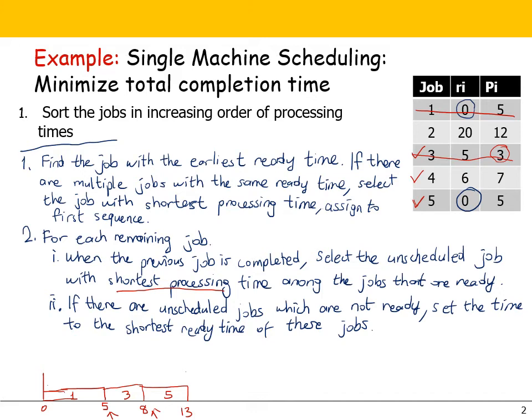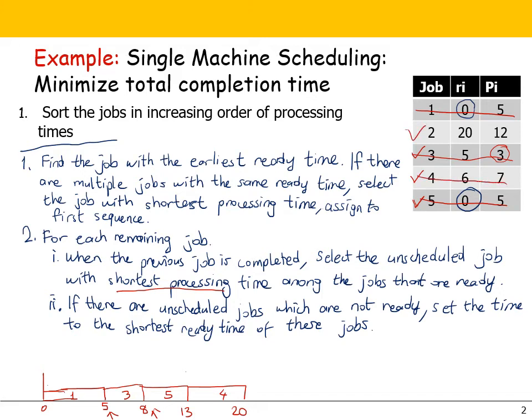Then we are at time 13 and the only available job at this time is job 4. It means that we need to continue with job 4 until 20, and at time 20 job 2 arrives.